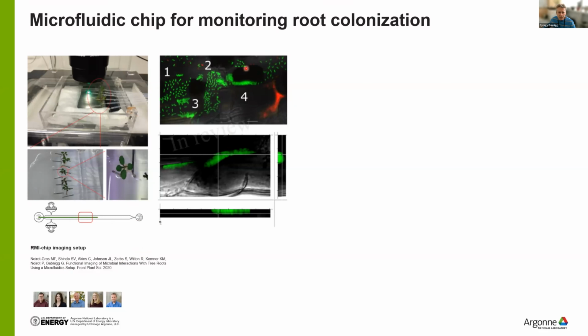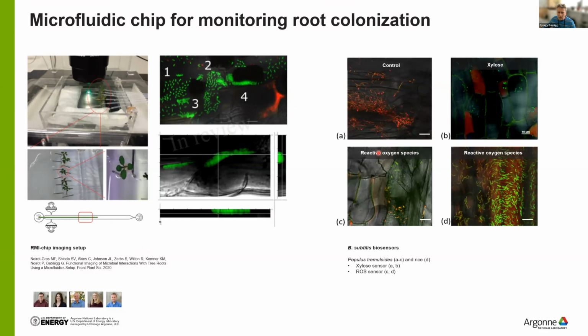We could then see not only colonization, but biofilm formation, as Ken was mentioning before, as well as different arrangements of the cells. We also developed some sensors at that point, demonstrating the sensing of xylose and reactive oxygen species on the plant root, but these were not natively colonizing microbes, so we are changing that.